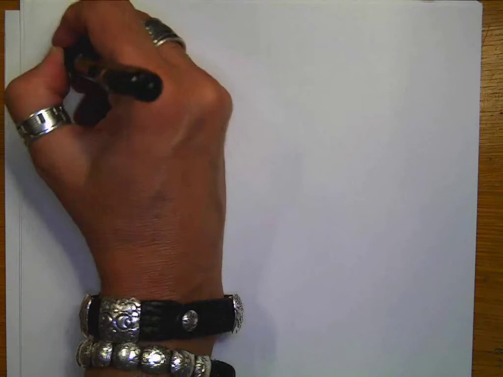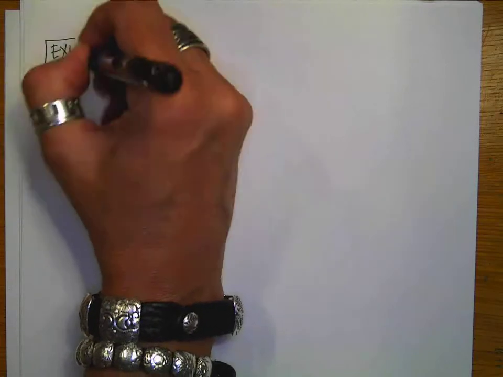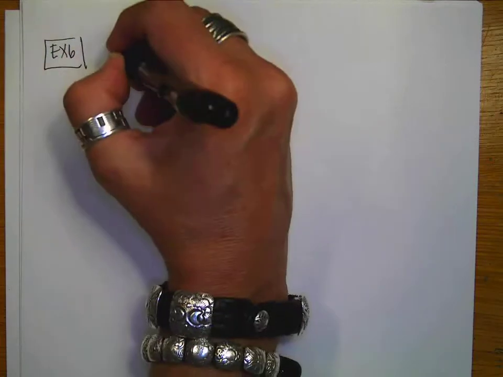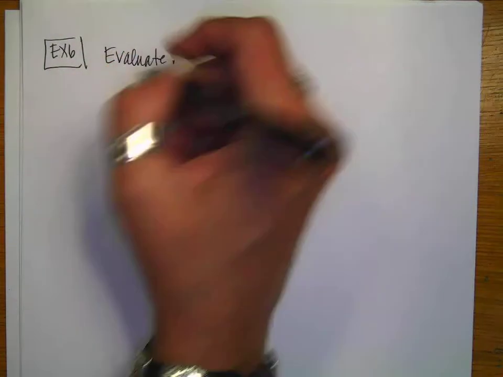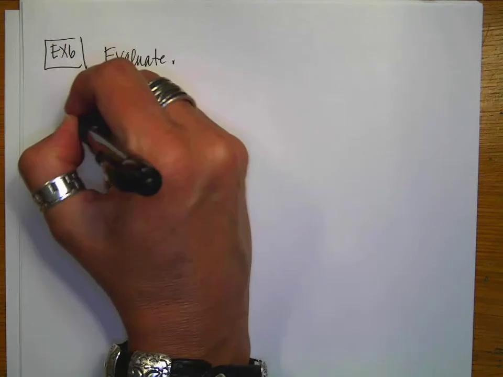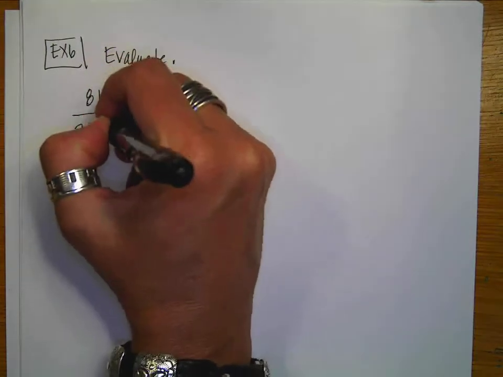Alrighty. The last example that I want to show you is just how to use your calculator. So this would be example 6. Using your grapher when it says evaluate, and we're going to do it by hand first.